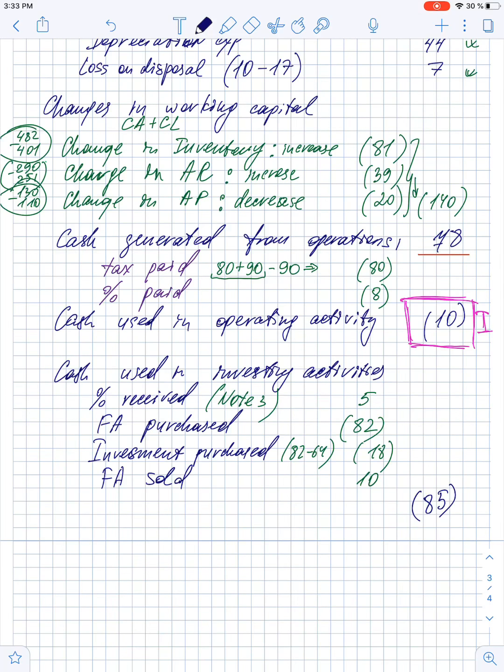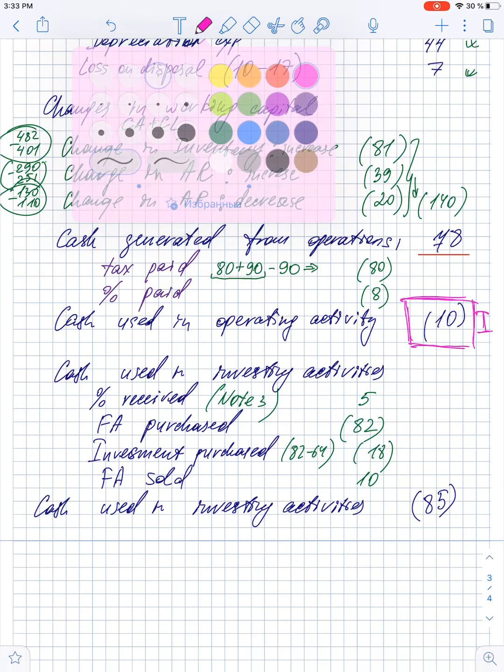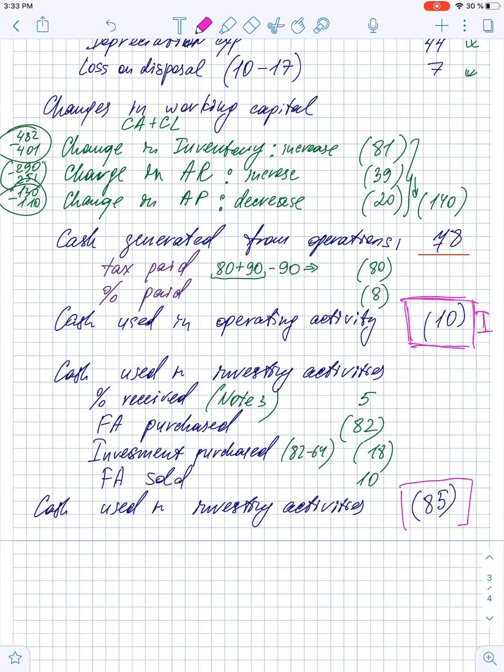That would be net cash used in investing activities. I would copy the name of the line here, I don't need to spend time. So net cash used in investing activities, 85 with minus sign. That would be the second subtotal which we are looking for, the very, very important figure for us.